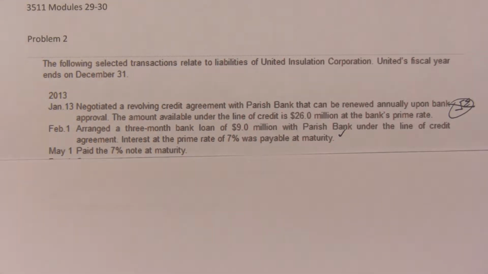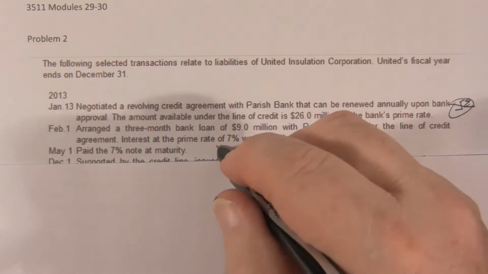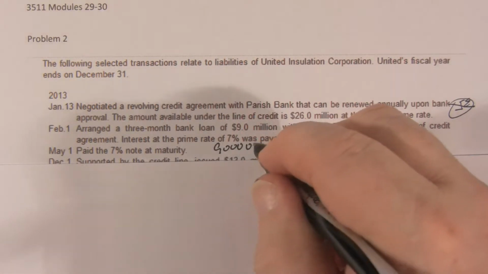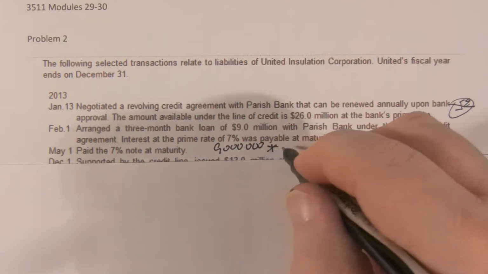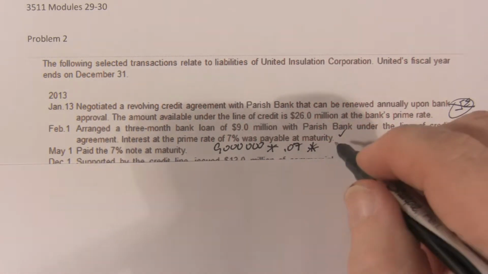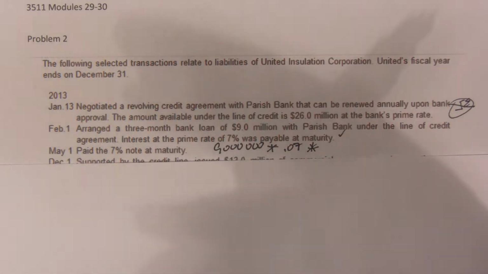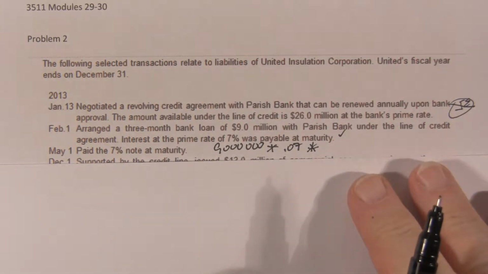And May 1st, we paid the 7% note at maturity. Okay, so that's 9 mil times 7%. Times how many months did we have this? 3/12.